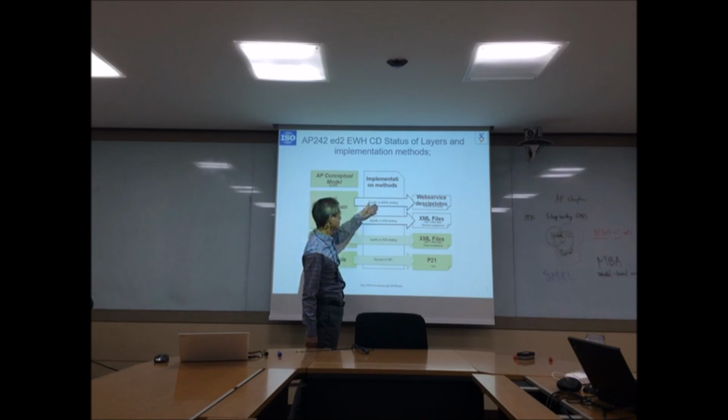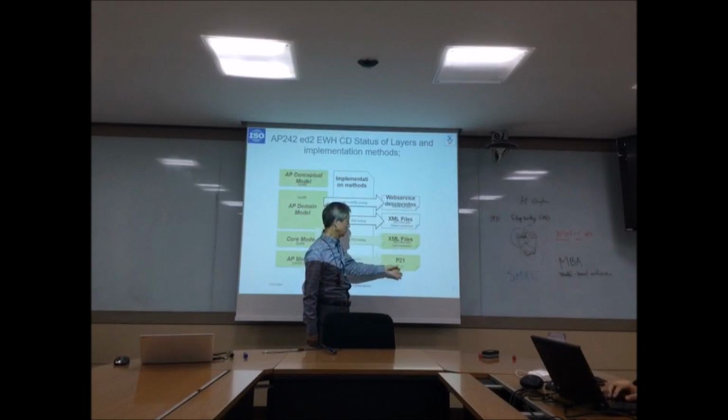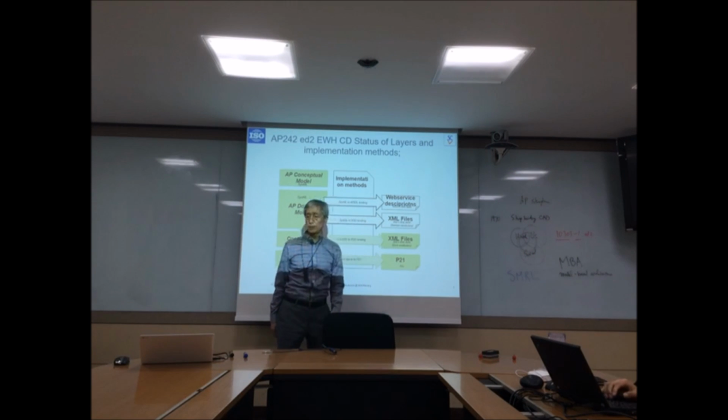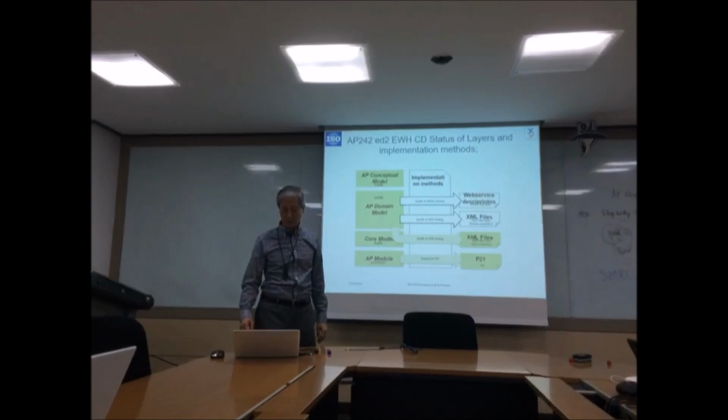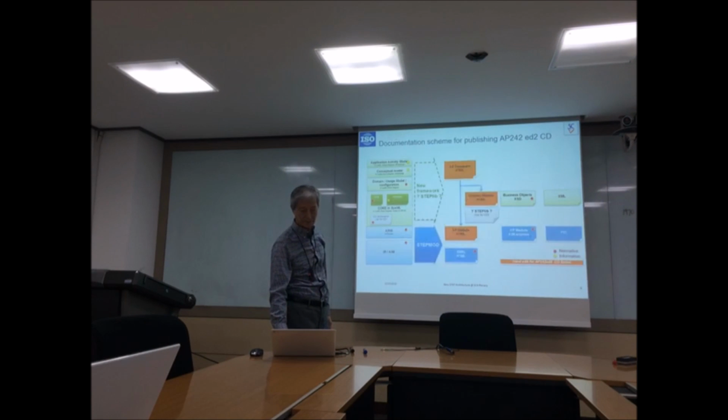CSML, SDR, XSD, and physical file in the old ways. Finally arrive at XML files. This is the traditional way of implementing the physical file, not 103 or so. This is documentation for publishing AP242.